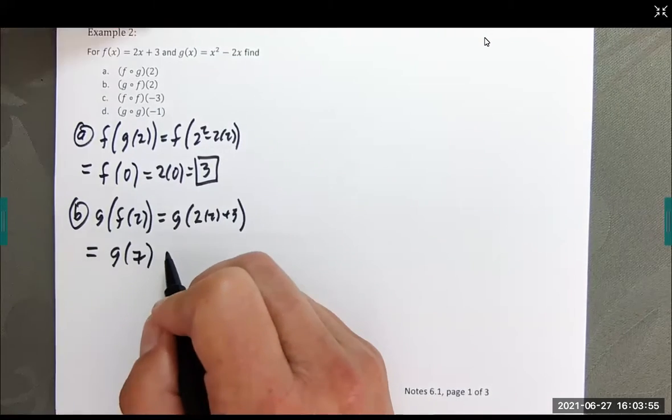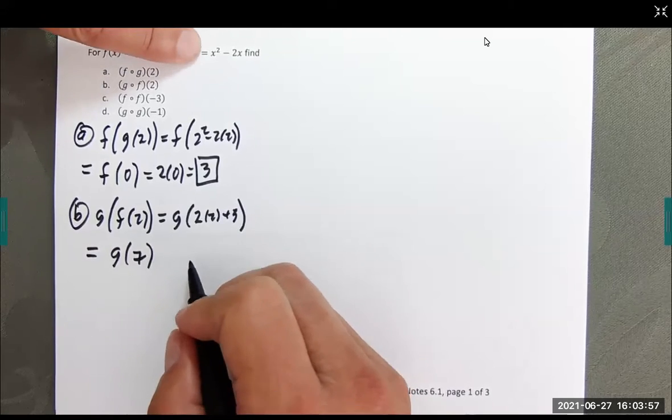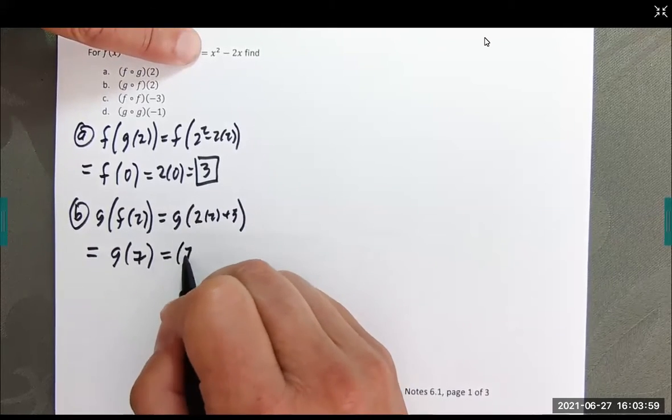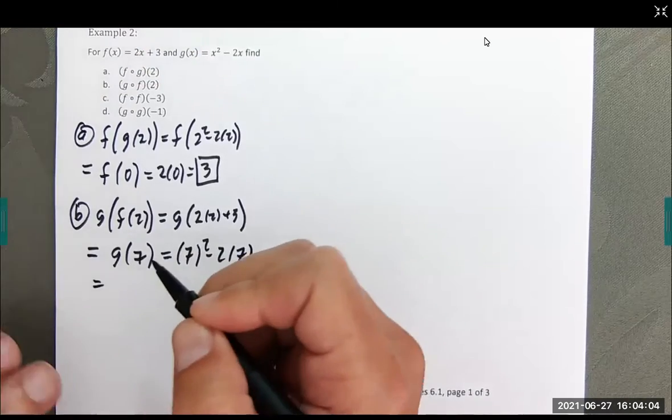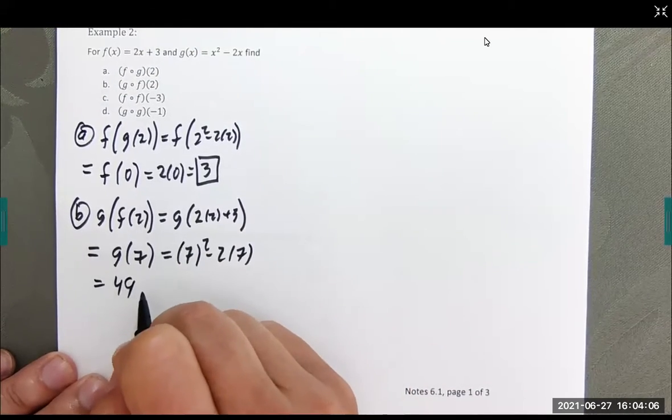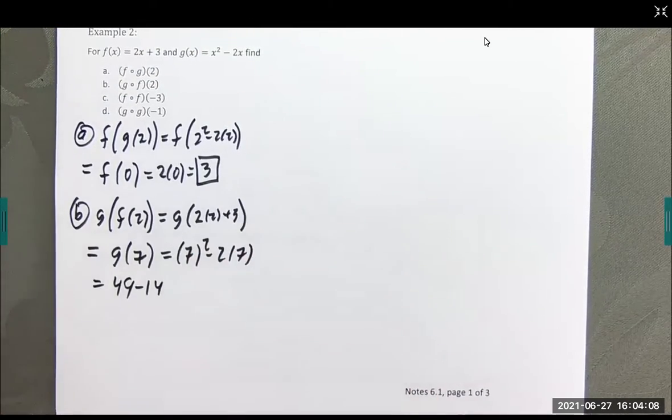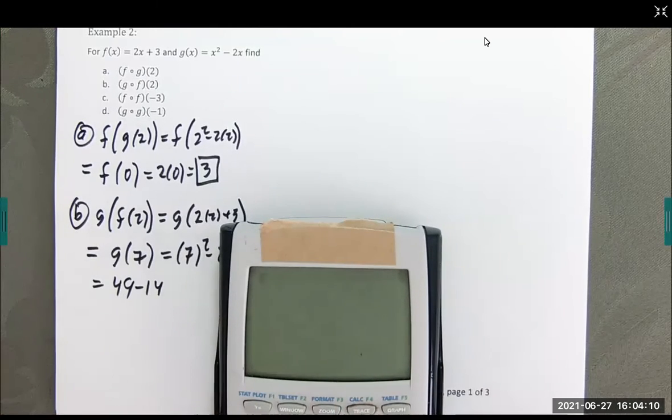I'm now going to evaluate the function g here at 7. 49 minus 14, 35.